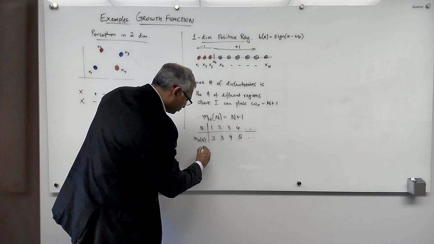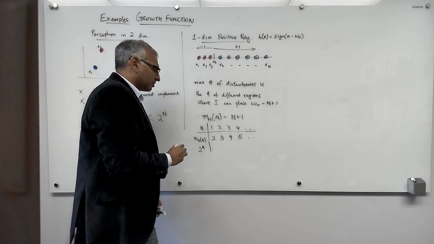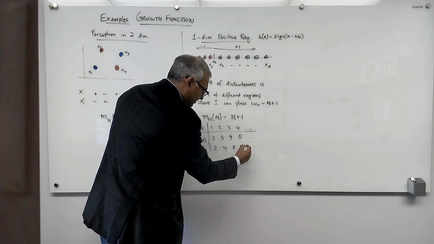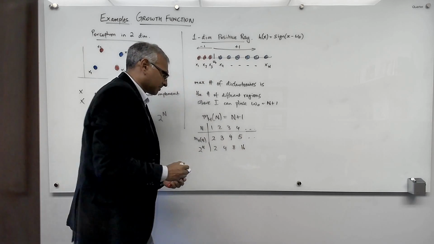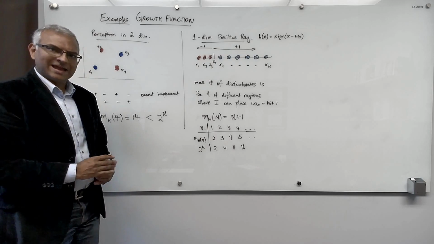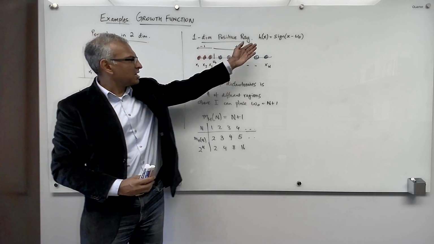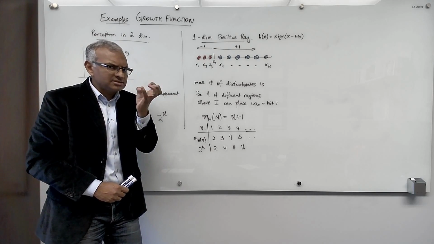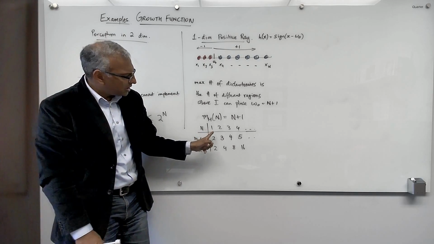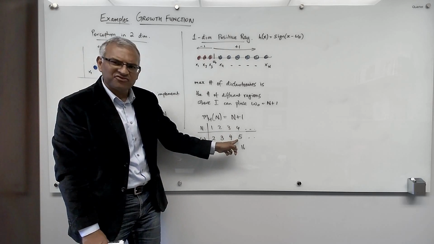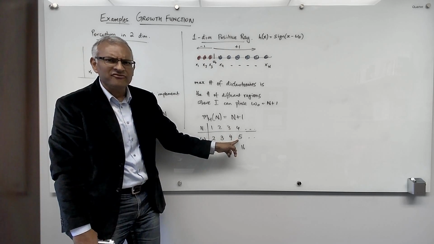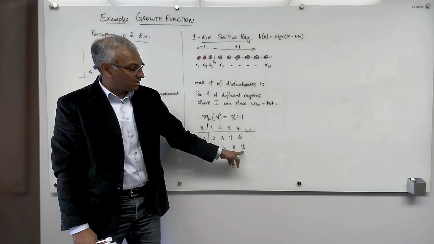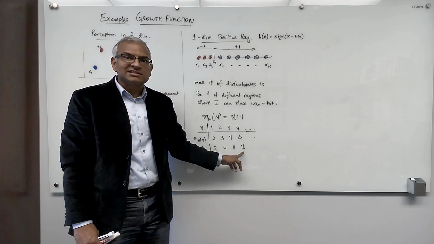Let me just write here 2 to the n, which, remember, is this trivial bound: 2, 4, 8, 16. Now you can see there's a lot of hope for this hypothesis set in one dimension. Even though it's uncountably infinite, it's not as diverse as it looks, because on a data set of size 4, it can only implement 5 dichotomies, when in theory, if it were really that complicated, it should have been able to implement 16 dichotomies.